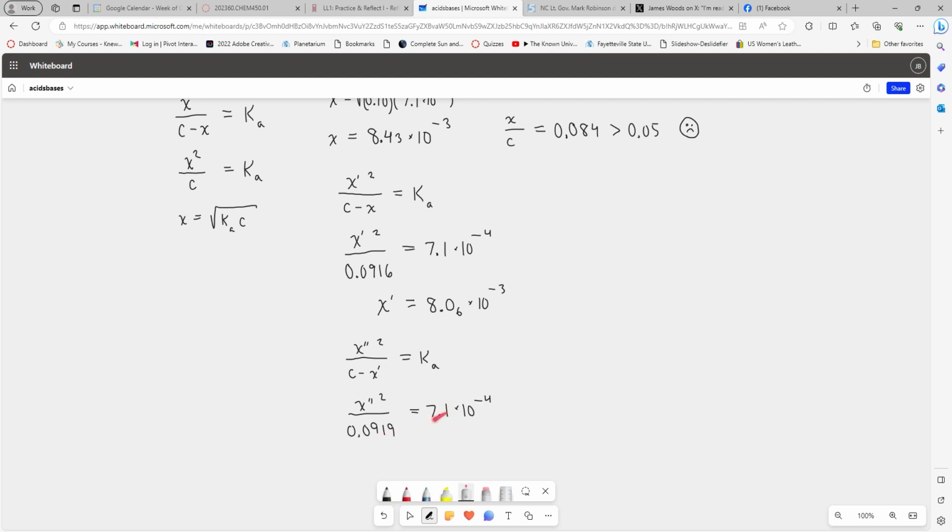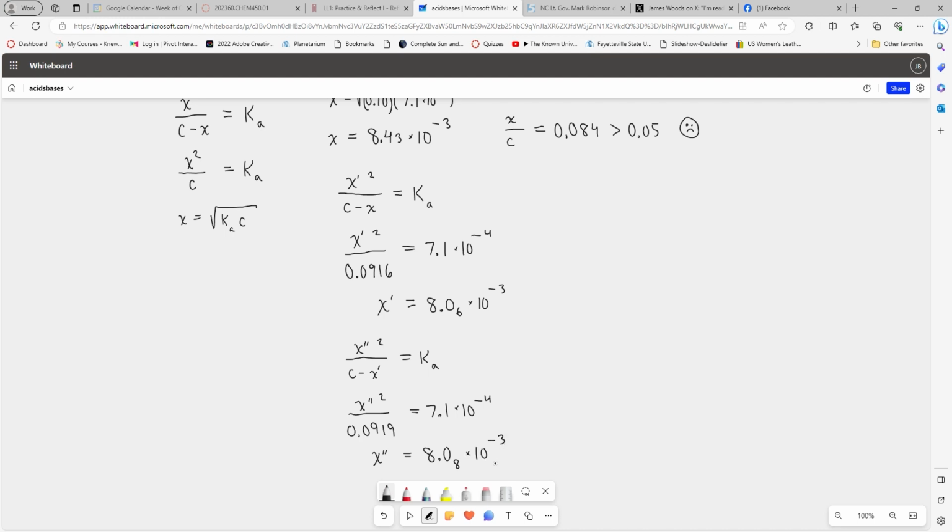Then we cross multiply it with Ka and take the square root to get x double prime, the third value of x. And we're going to compare the x double prime and the x prime. So after we cross multiply and then take the square root, this x double prime comes out to 8.08 times 10 to the minus third.